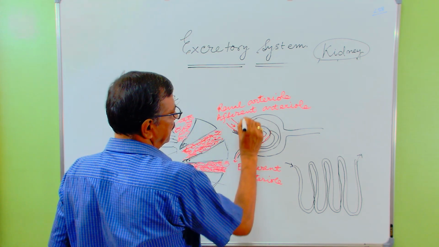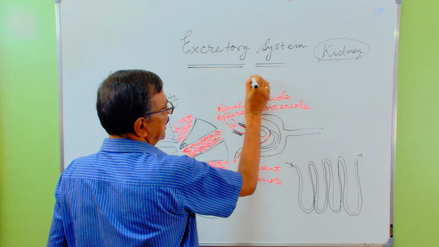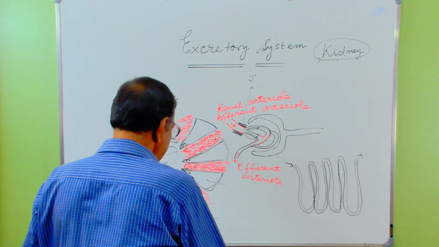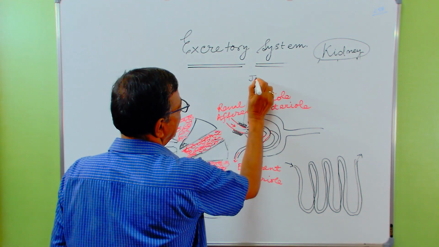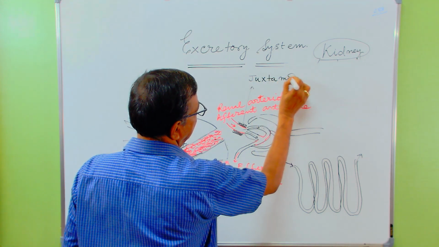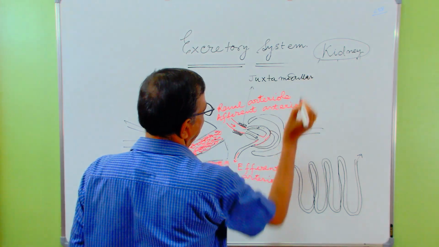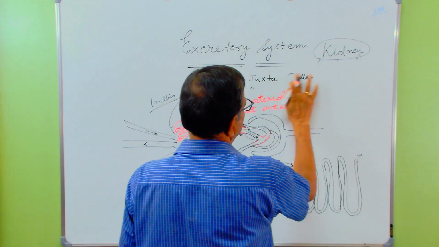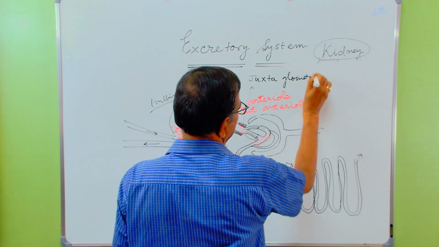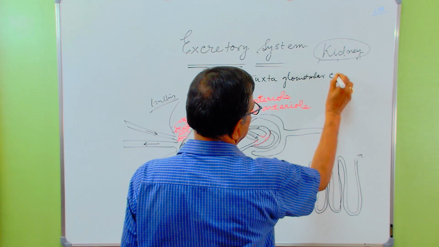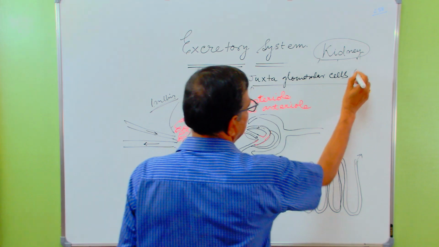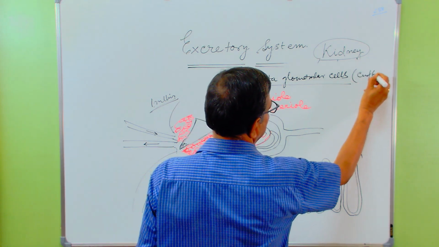These are called juxtaglomerular cells. It is cuff-like, C-U-F-F.